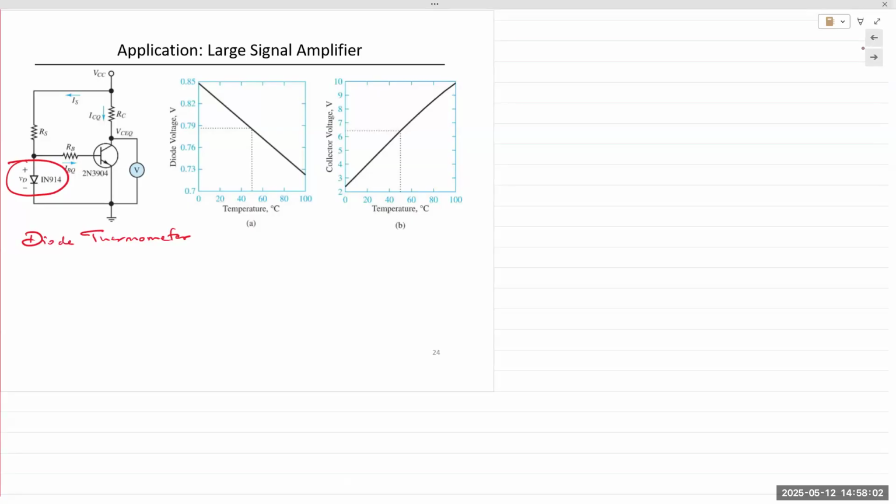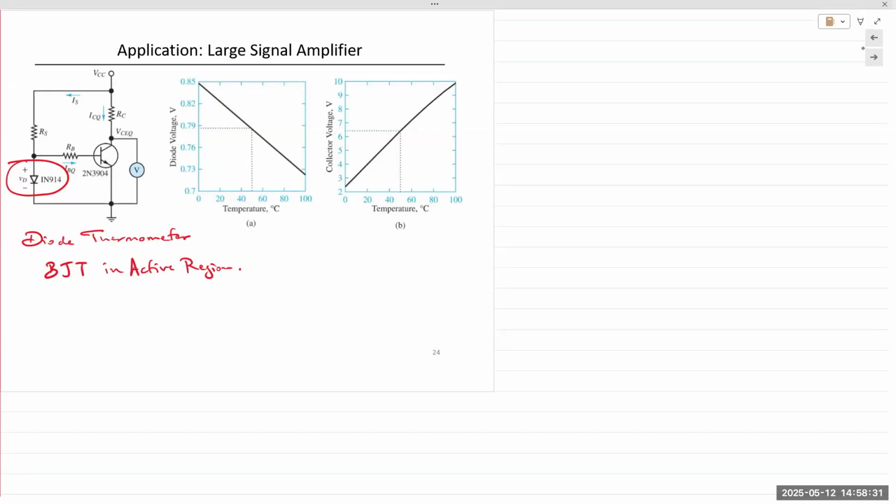Okay, so what we are doing is we're taking that change in millivolts and applying it as an input to the base of the transistor, and we are operating the transistor in the active region. Okay, so the transistor takes that small signal and amplifies it, so we can use that amplified output in digital readouts to create temperature and digital thermometers.